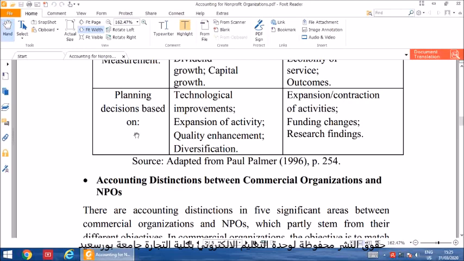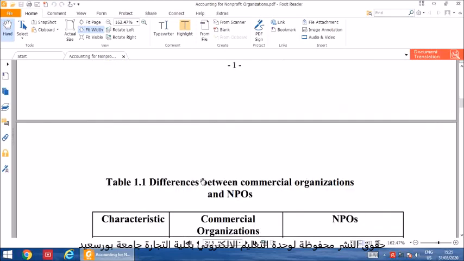Planning decisions based on technological improvements, expansion of activity, quality enhancement, and diversification. Under non-profit organizations, expansion, contraction of activities, funding changes, research funding. This table summarizes the difference between commercial organizations and non-profit organizations.